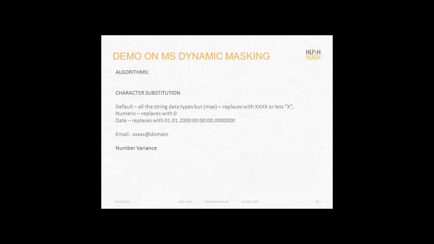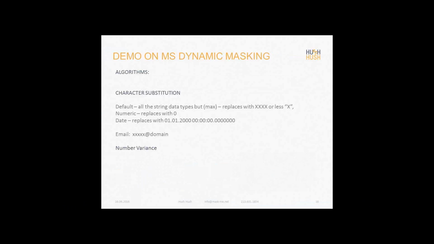Or if the string has less than 4 characters, it will replace it with fewer X's. It will take a numeric value and replace it with 0. A date it will replace with, for some reason, January 1st, 2000. I don't know why they chose this particular date. Maybe for them the computing age started in 2000. I don't know.